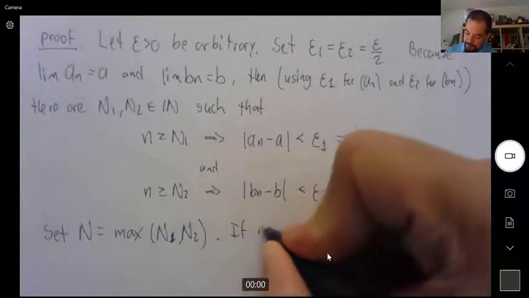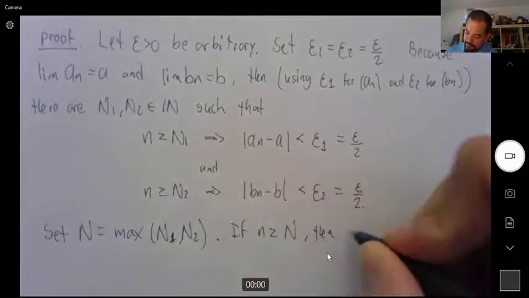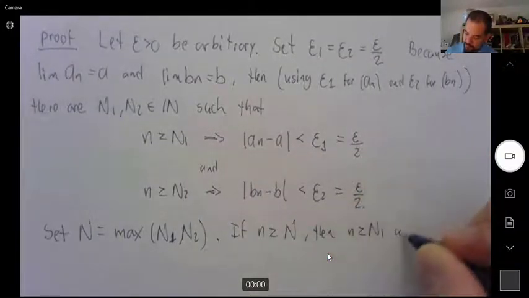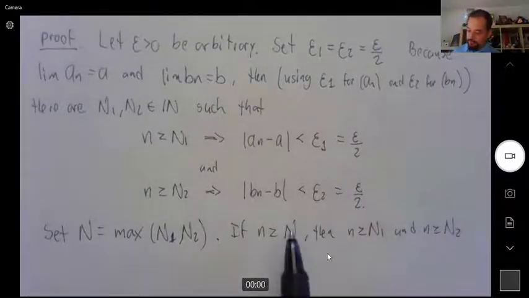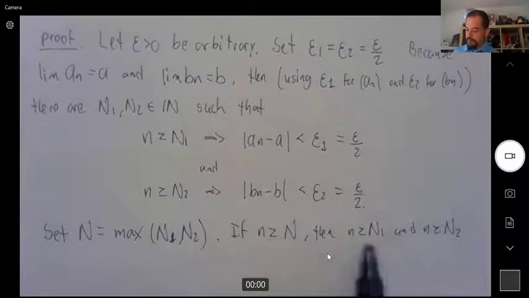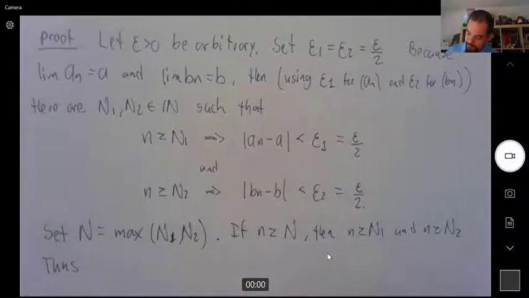If little n is greater than or equal to capital N, then little n is bigger than capital N1 and little n is bigger than capital N2, right? Because little n is bigger than the largest, so in particular, it is bigger than both. Then by the previous two inequalities, the following happens.